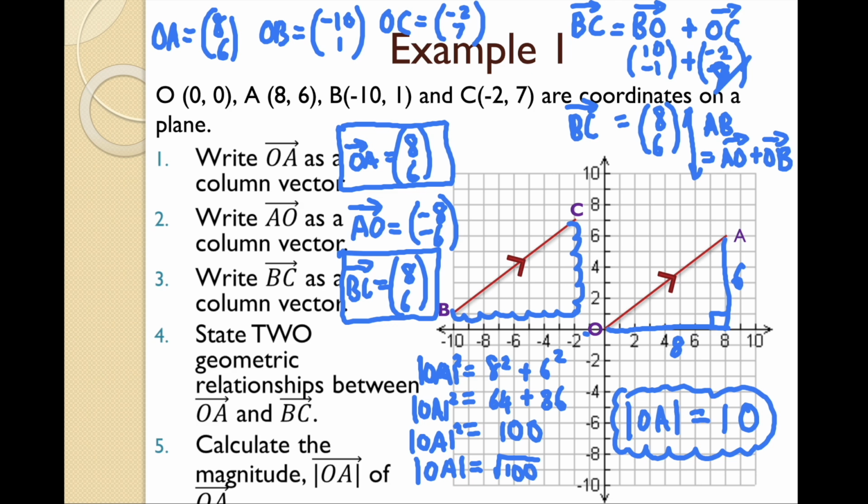So what we're doing here, we're trying to make sense out of this topic, connecting the vectors aspect of it. What is a position vector? A position vector is coming from the origin to some point. Then we want to figure out how we can write this as a column vector. That's when we write it vertically.